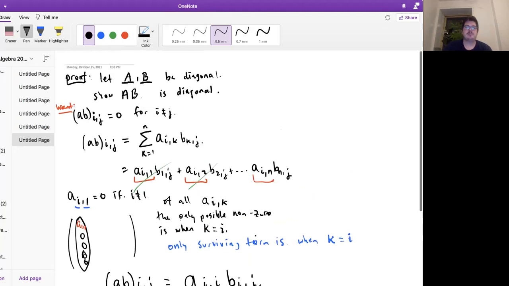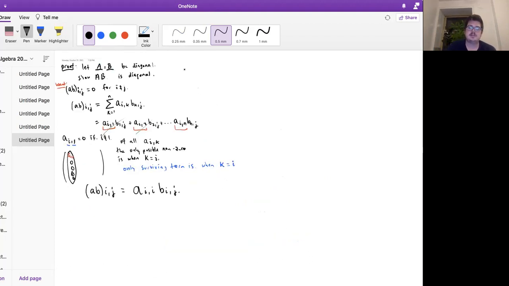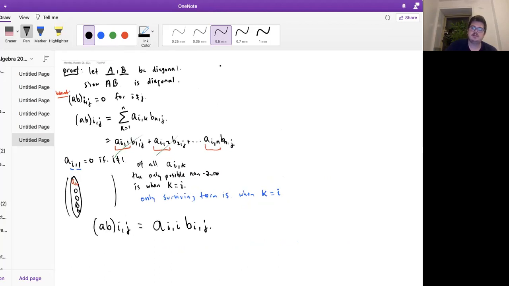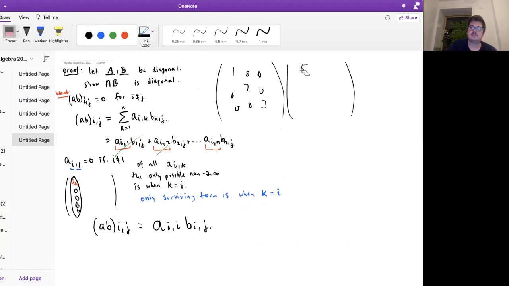Sure, let's do an example. It's okay. We can ground our proof in an actual example.